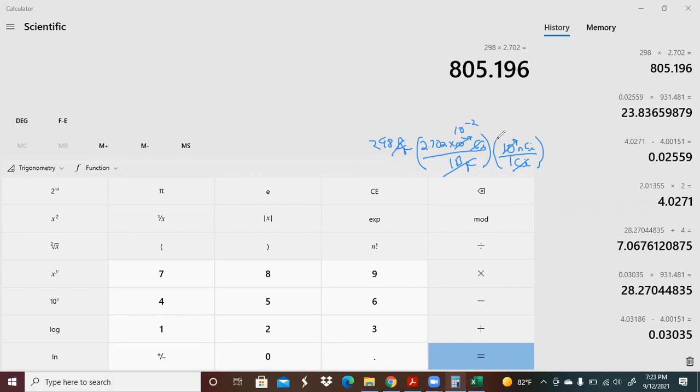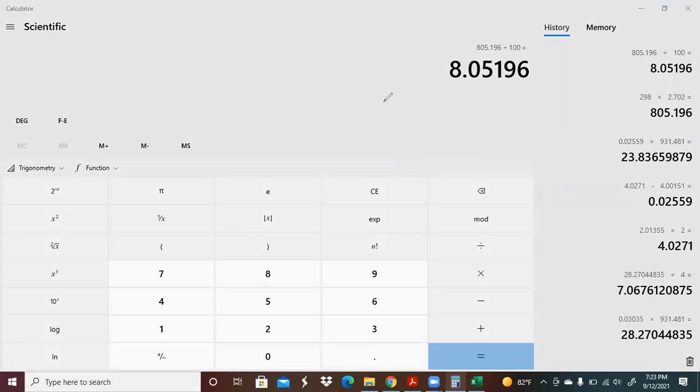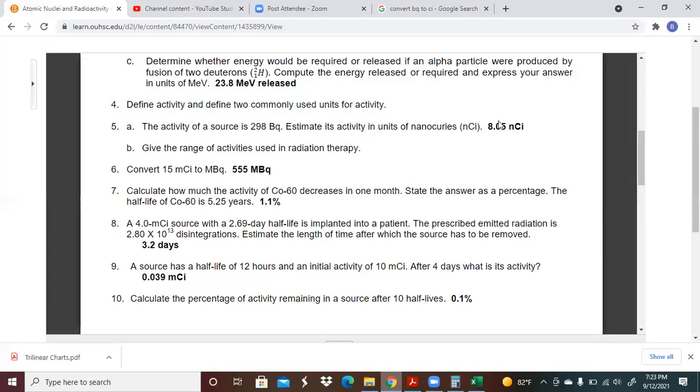So basically, if I end up taking this result and dividing by 100, which is essentially going to be the same thing, it's 8.05. Is 8.05 the same thing as what I have here? Yep, 8.05 nanocuries.